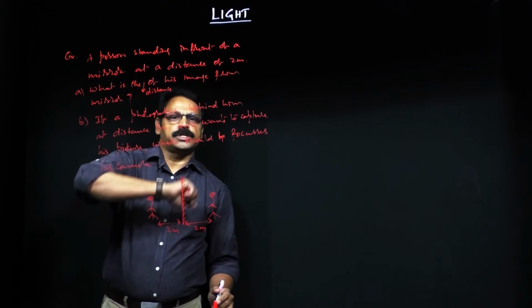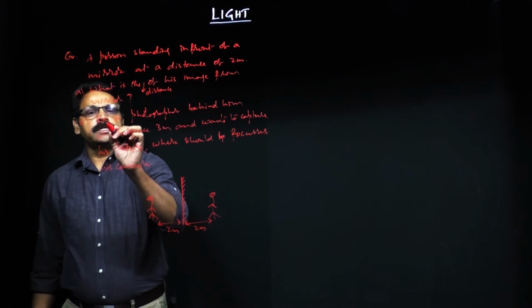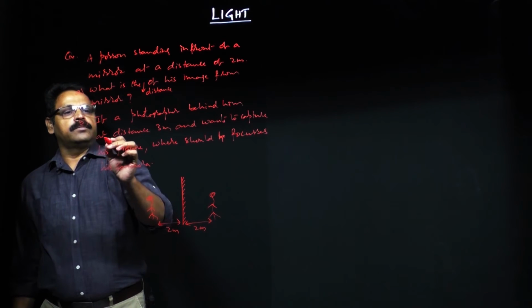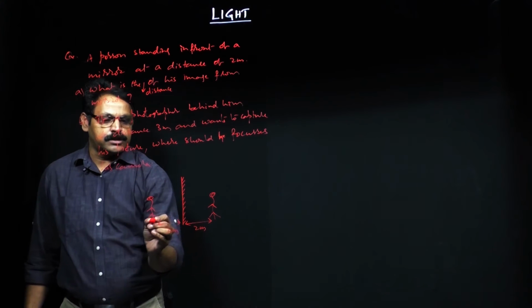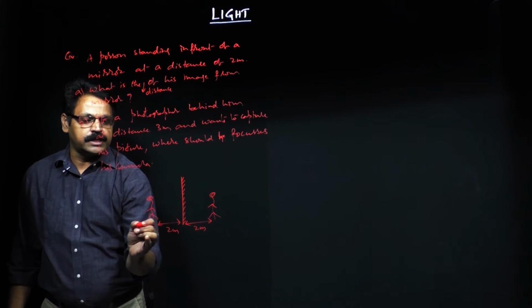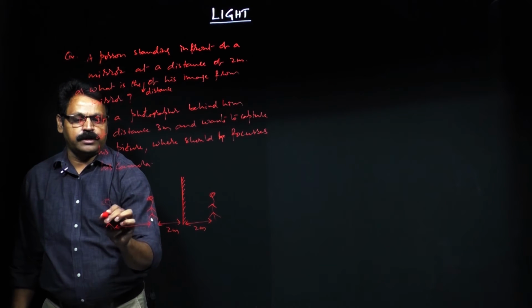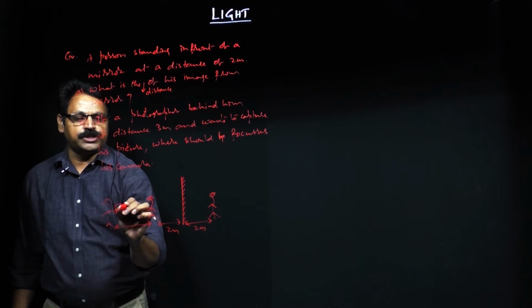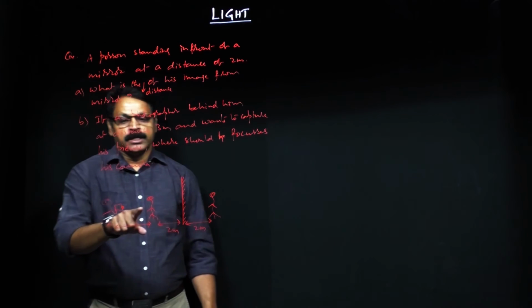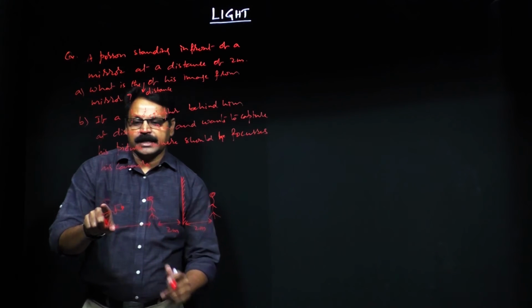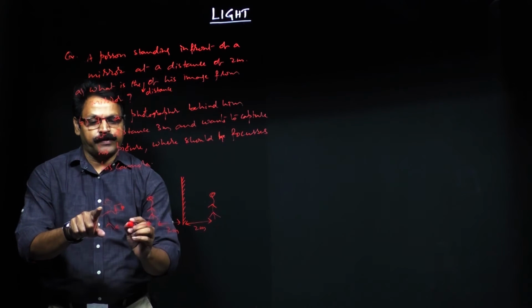And in the next question, he asks that if a photographer is behind him at a distance of 3 meters. So here is the photographer, and he is taking the picture of this person. Since he is at the back side of this, he cannot capture his face.